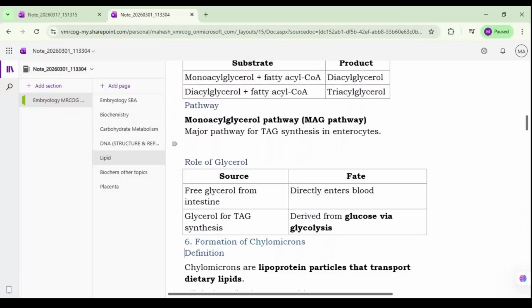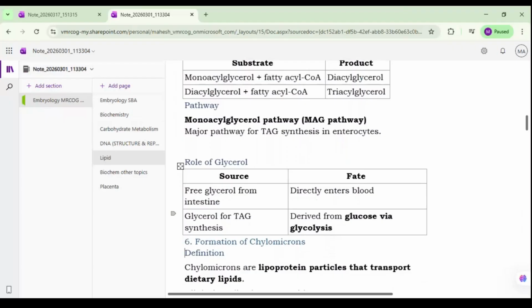But what happens to this glycerol? Okay, the free glycerol from the intestine will directly enter into the blood. Whatever glycerol is formed from the lipid digestion will directly enter into the blood. But for TAG formation in the enterocytes, some amount of glycerol is also required, but this glycerol is taken from the glucose via glycolysis.